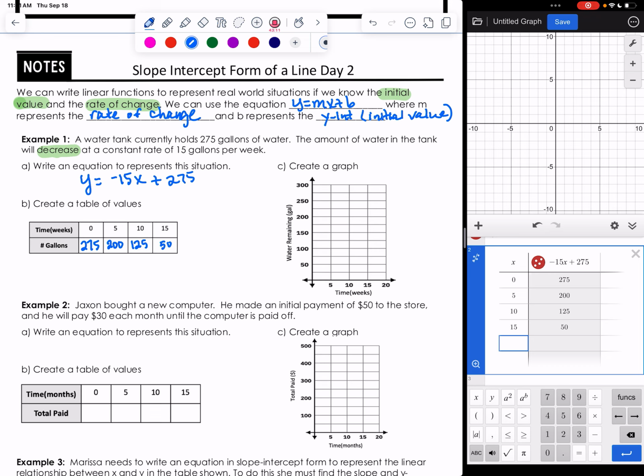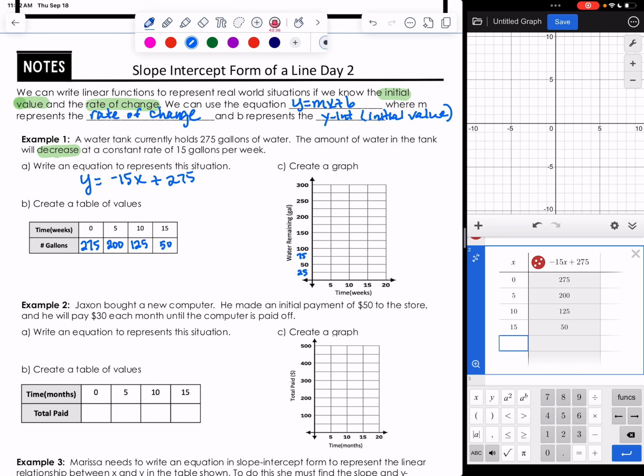Now, we can create a graph of this situation. Notice the graph. On the x-axis, we have time in weeks. And on the y-axis, we have the water remaining. So our first point is at 0, 275. Now, I do want you to notice that on your y-axis, they are going up by 25. So 25, 50, 75, 100, and so on.